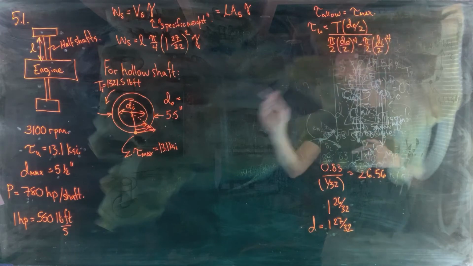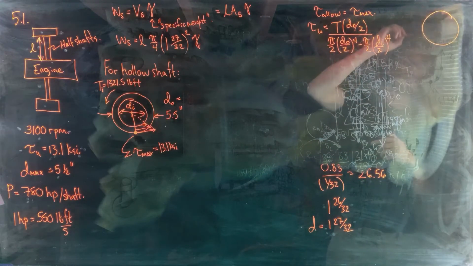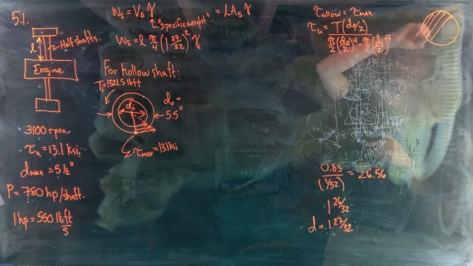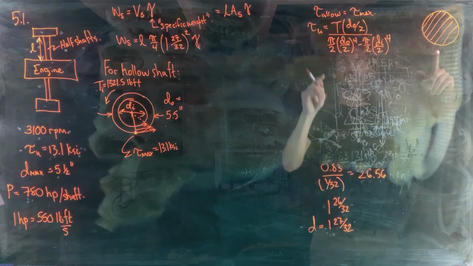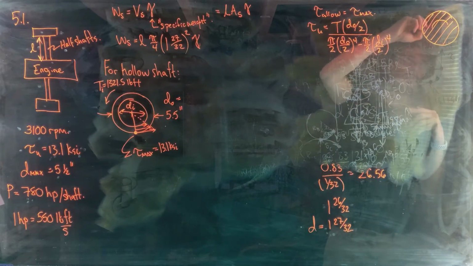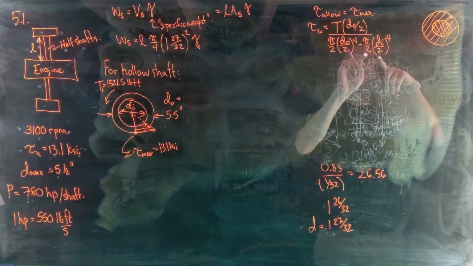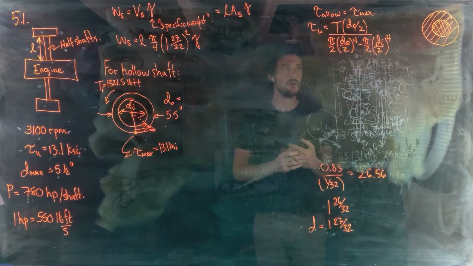Because when we're finding J for a hollow shaft, all that we're doing is taking the J value for a solid shaft with the outer diameter, which is pi over 2 radius to the 4th power, and then subtracting off the value for the internal portion there.